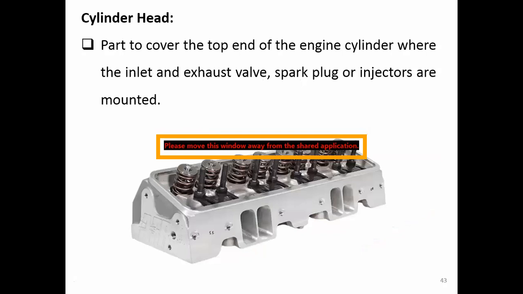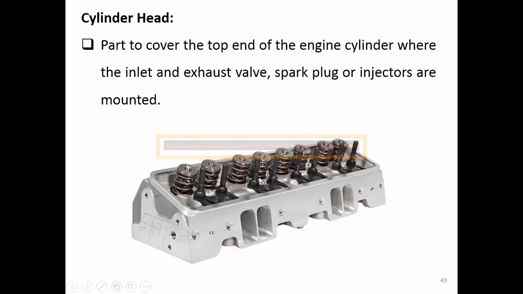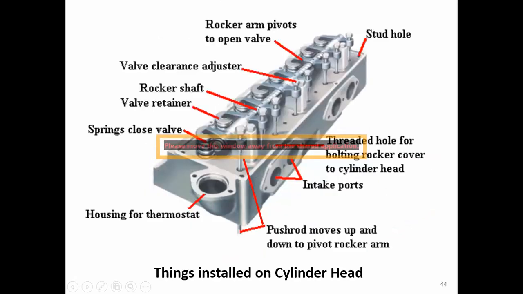Okay, the next component is the cylinder head. This is the part that covers the top end of the engine cylinder, where you can see the inlet valve, the exhaust valve, and the spark plug or the injector mounted on this cylinder head. This shows you the picture where all these parts that I mentioned are positioned in the cylinder head.